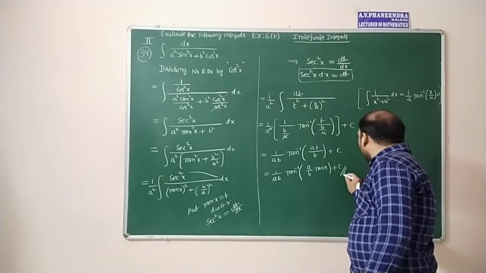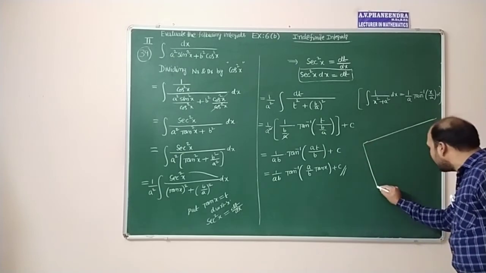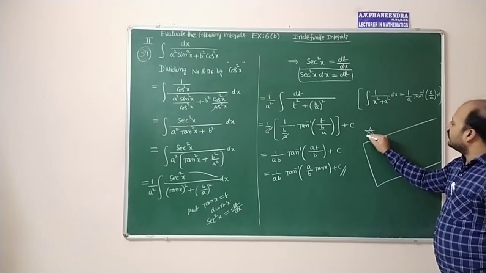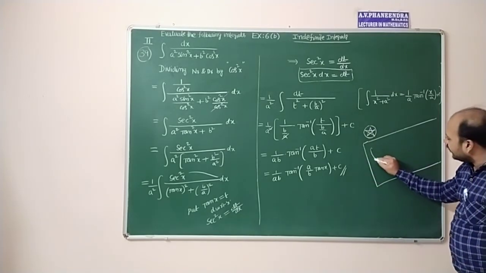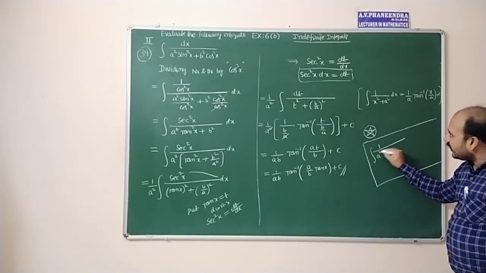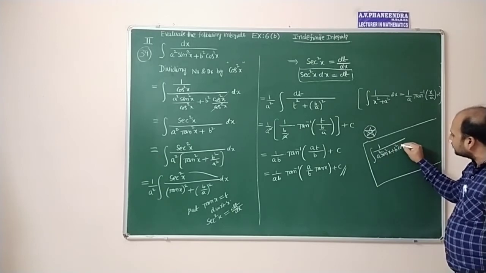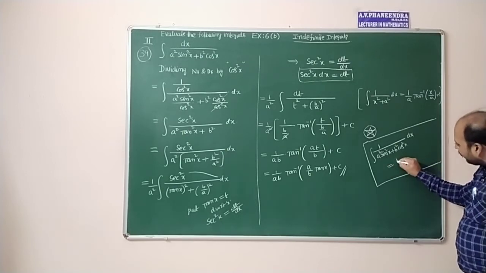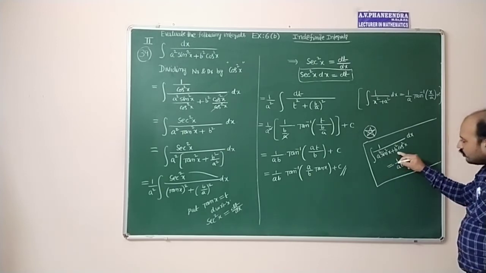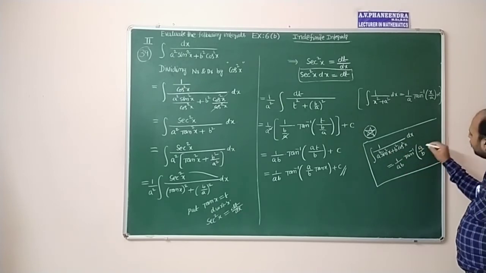And you remember, students, whatever we proved now, this answer, remember it as a shortcut trick. In competitive exams, this formula is going to be used. Integral 1 by a square sin square x plus b square cos square x into dx is equal to 1 by ab, tan inverse of a by b into sin x by cos x, tan x.